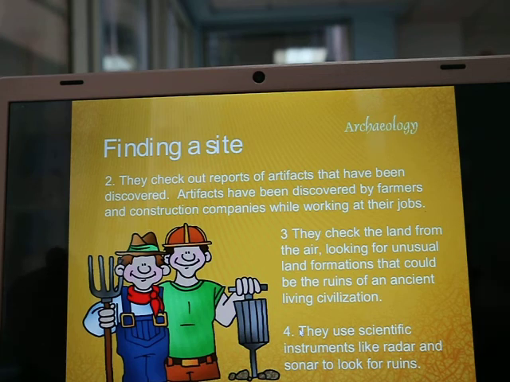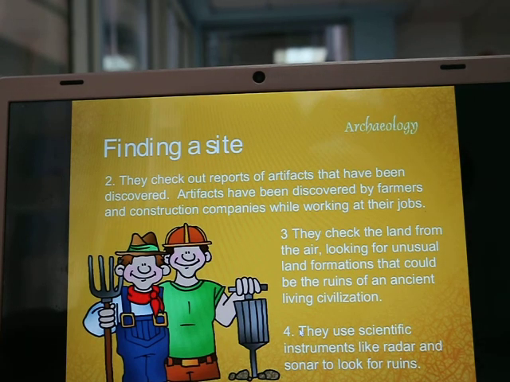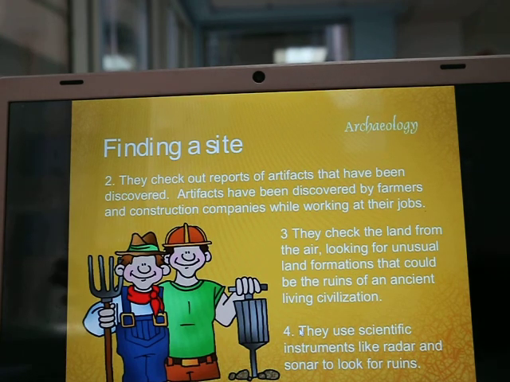So second, they check out reports of artifacts that have been discovered. They also check those records from the past, records of artifacts found in a certain place. Artifacts have been discovered by farmers and construction companies while working at their jobs. So why farmers? Because farmers are the ones who dig, right? Sometimes farmers, while they're planting or digging something, find artifacts.